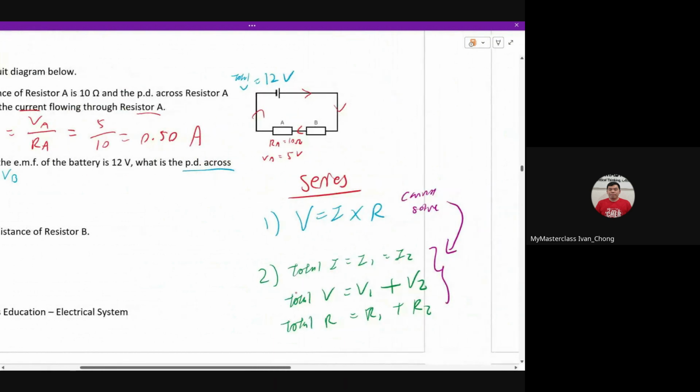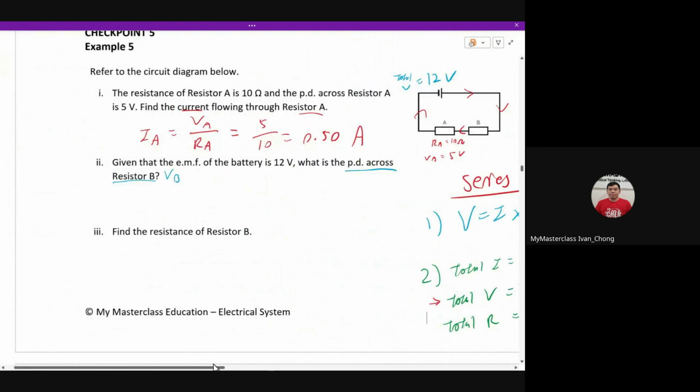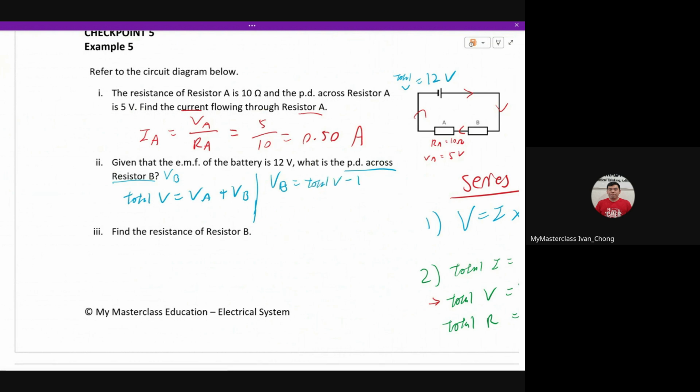So let's take a look at the V formulas. We'll use this one. What you want to first write is total V is VA plus VB. So if I want to find VB, first thing we solve is total V minus VA. So 12 minus VA, which is 5, is 7 volts.